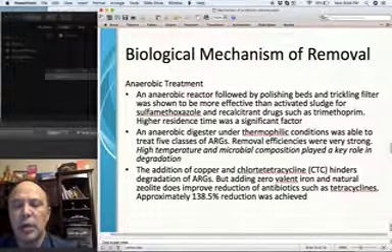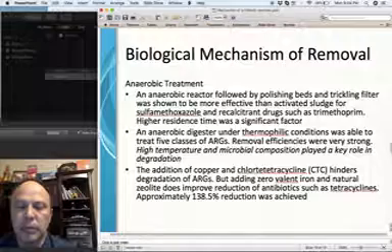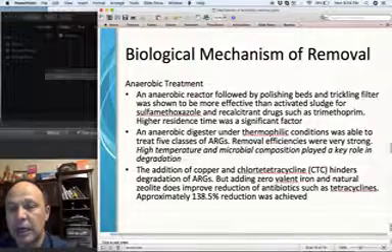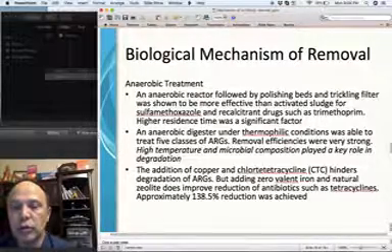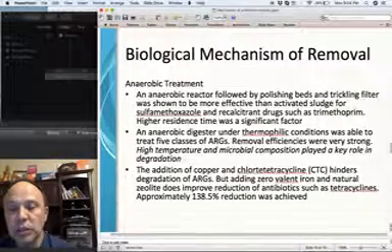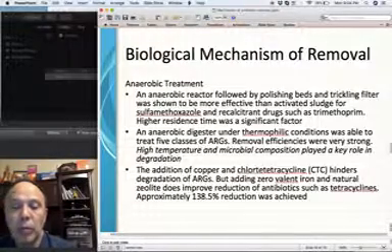Now, in a study conducted using an anaerobic digester under thermophilic conditions, so this is temperatures higher than mesophilic, they were able to treat up to 5 classes of ARGs, and removal efficiencies were very strong. And they noted that high temperature and the composition of the microbial community played a key role in the degradation.